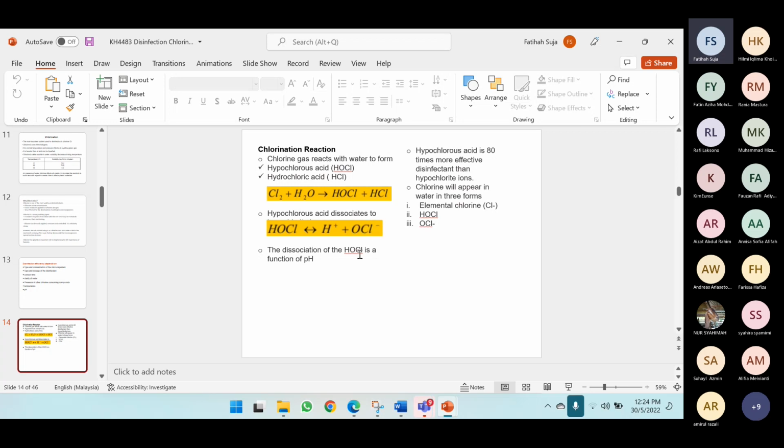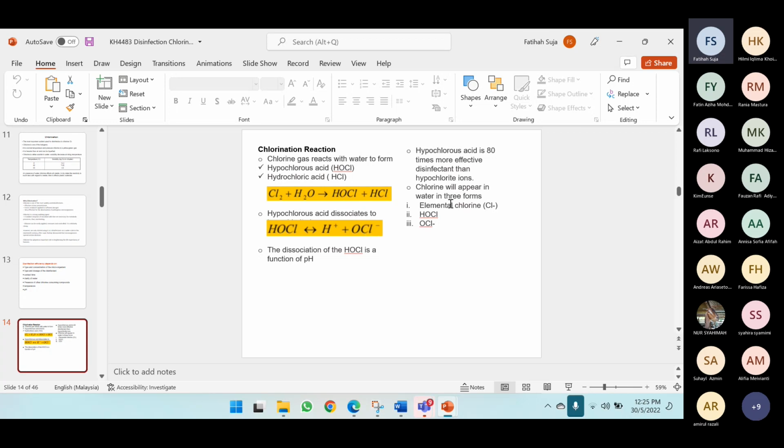So the dissociation of the HOCl is a function of pH. Hypochlorous acid is 80 times more effective as a disinfectant than hypochlorite ions. This means that the chlorine gas forms hypochlorous acid and then hypochlorite ions, but hypochlorous acid is the form that is very effective for the disinfection process compared to the hypochlorite ions.